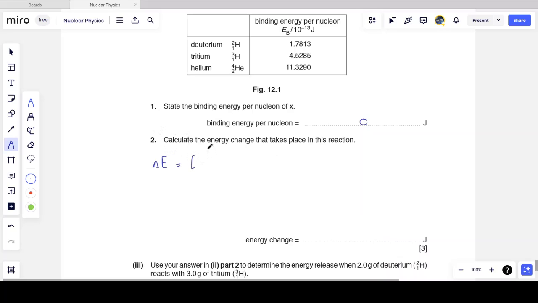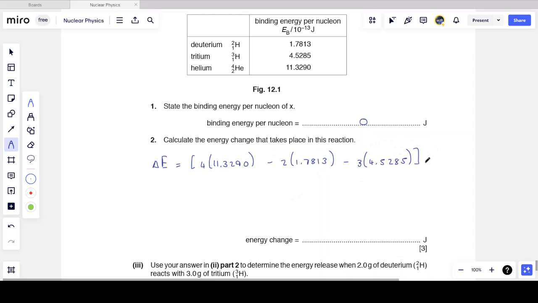So the energy change is the 4 nucleons in helium-4 times that energy per nucleon, 11.3290, minus the binding energy per nucleon of the reactants, deuterium and tritium, 2 into 1.7813, because there are 2 nucleons of deuterium, minus 3 nucleons of tritium into its binding energy per nucleon, 4.5285.